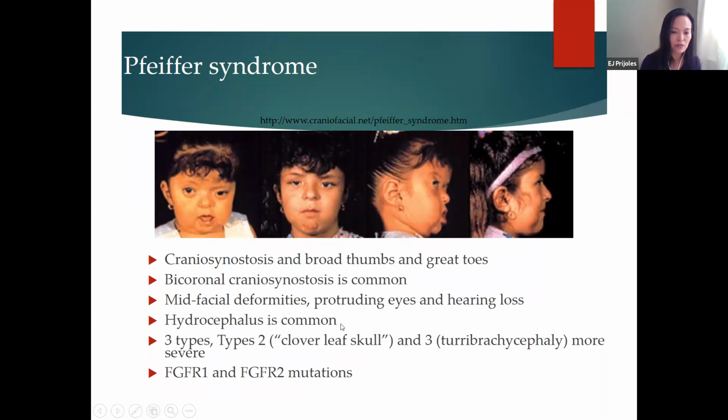So you might see different shapes of the skull, some that are described as a cloverleaf skull, some turribrachycephaly with that tall but shortened appearance of the skull. And these individuals can have characteristic broad thumbs and broad great toes. So again, clues to help figure out which craniosynostosis is most likely.